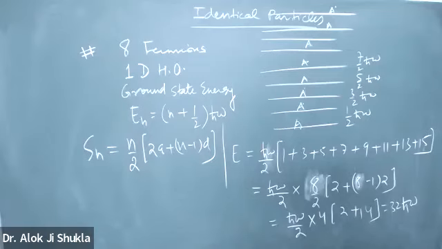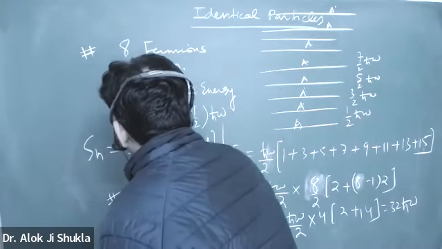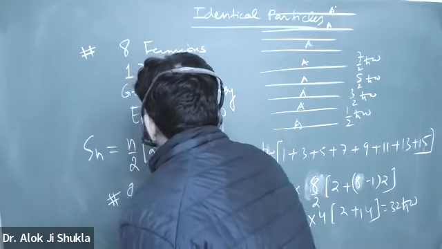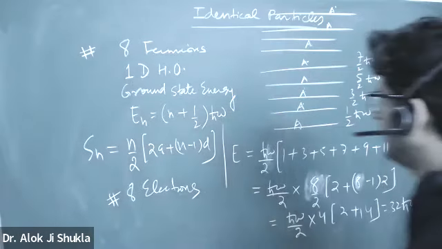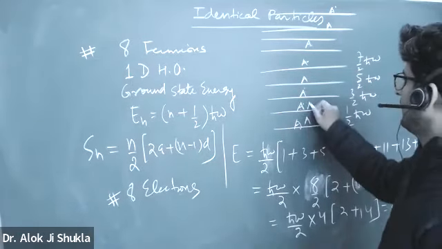In the second question, if I take 8 electrons, then it will be AA, AA, AA, and AA.